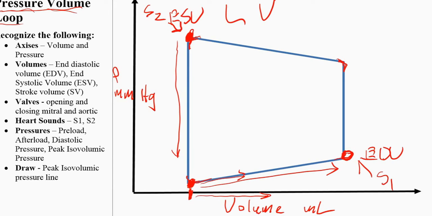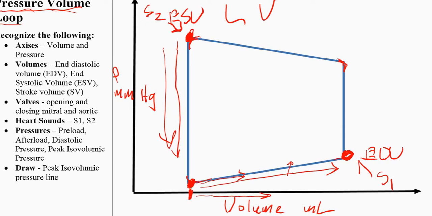And so the ventricle completely relaxes, and the left atrial pressure goes above, and then it starts to fill, and it fills, and you can see that the pressure is going up as it fills. And then at this point here, it stops filling.